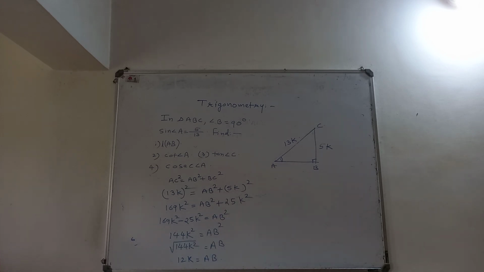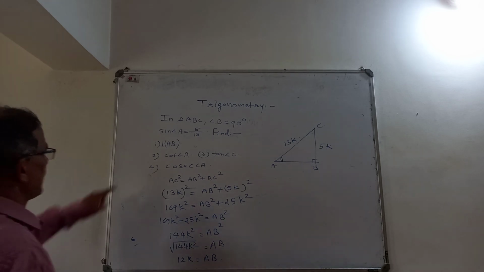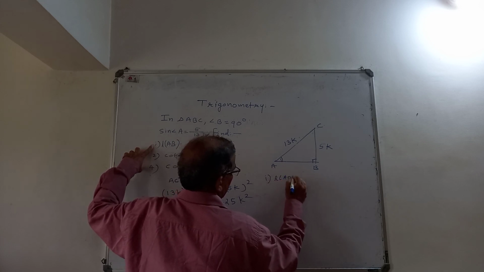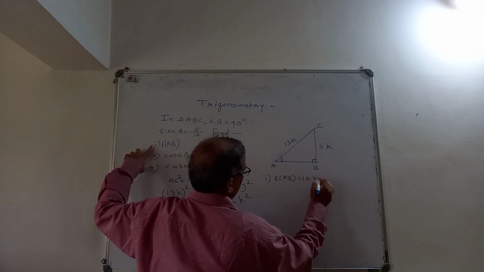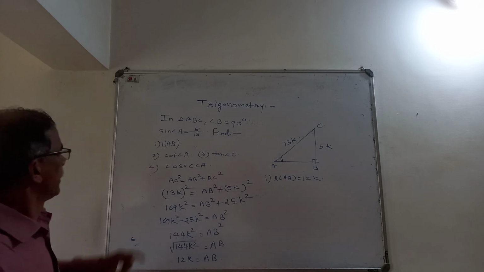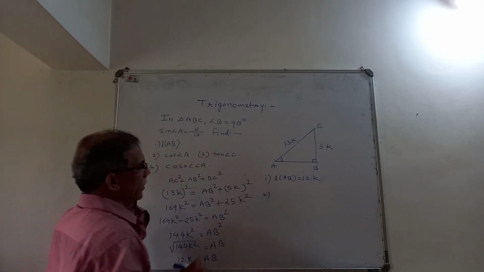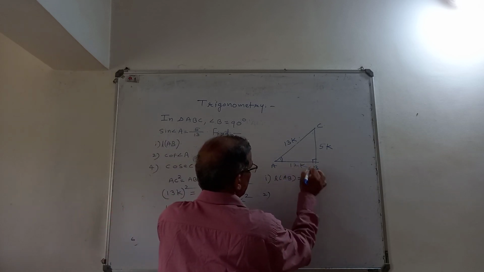You got no calculation? Now once you got, therefore now you have to write answer for question 1. Length AB is equal to 12k. The second, now we can write all ratios, because in the figure we know all the length now, isn't it?